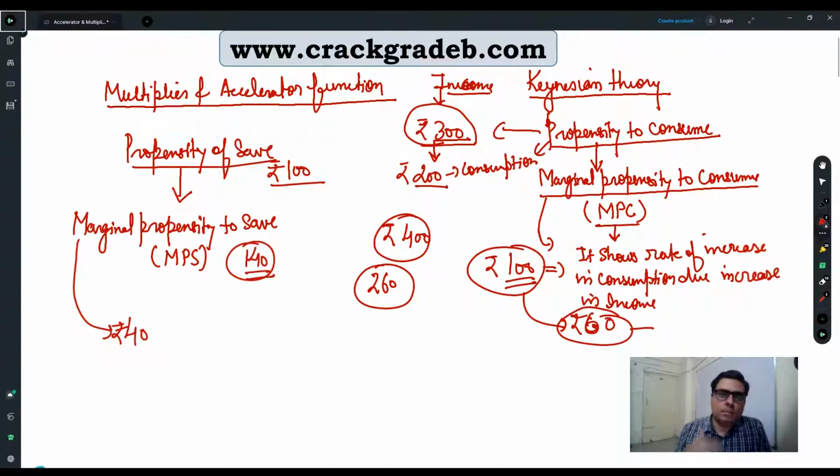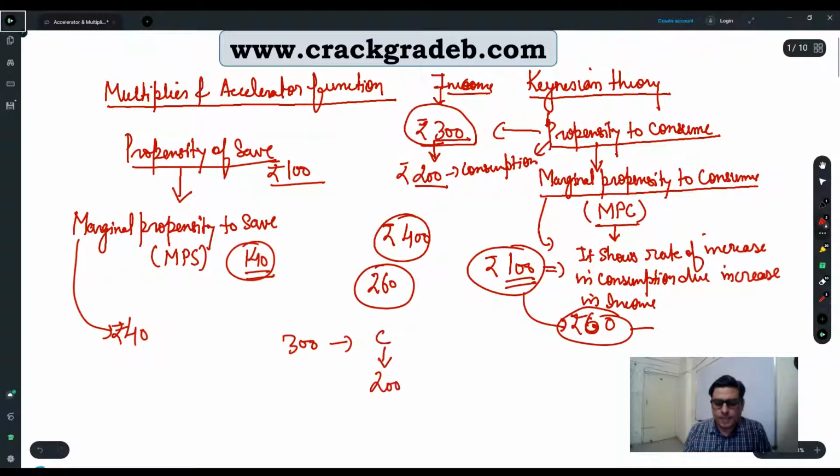When we talk about the marginal, we are going to see the rate of change. Whenever this term marginal is used, we should always keep this in mind. Now we have to check what is the rate of change, what change is going to happen there. 300 was income, consumption was 200, and saving was 100.